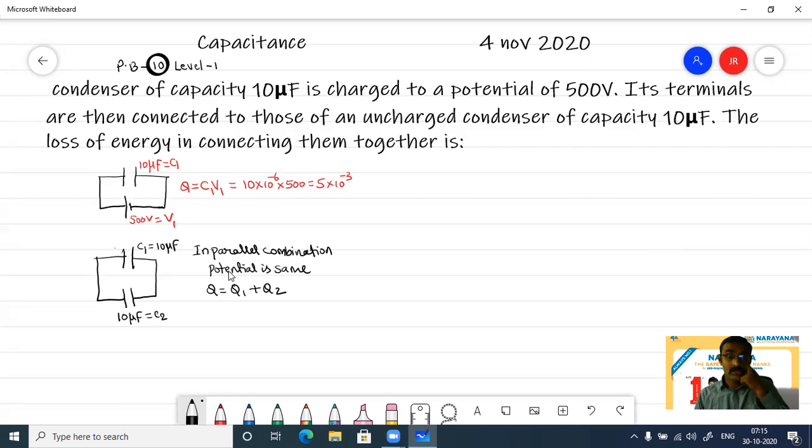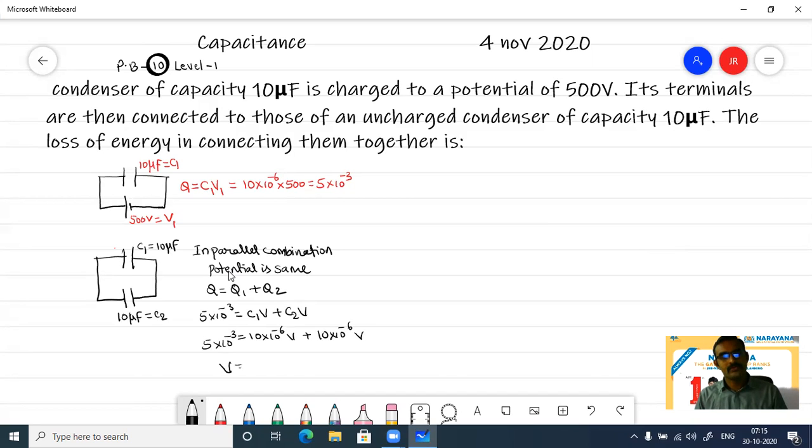Initially we got Q as 5 into 10 to the power of minus 3. That is equal to C1 into V plus C2 into V. So C1 value is 10 into 10 to the power of minus 6 into V, and C2 value is 10 into 10 to the power of minus 6, again V. So this is 5 into 10 to the power of minus 3.